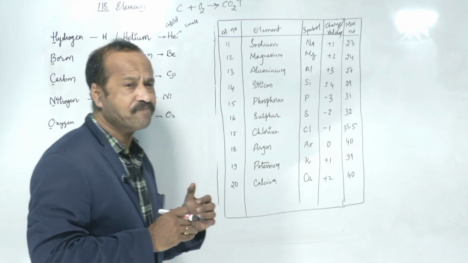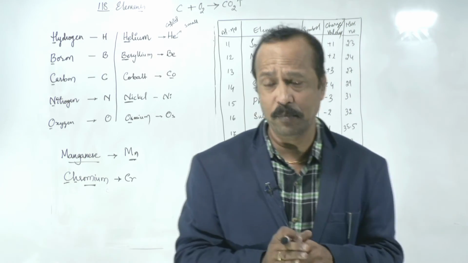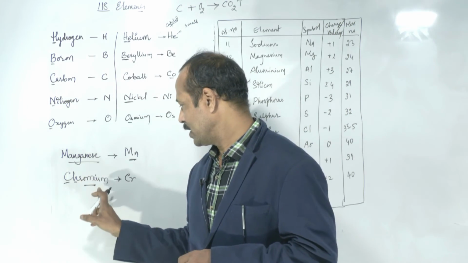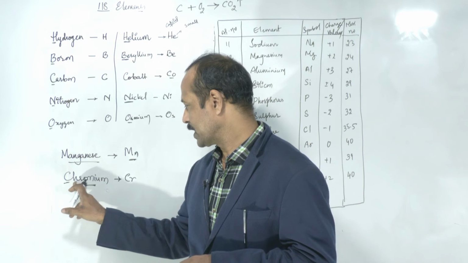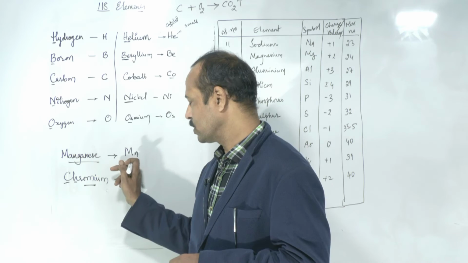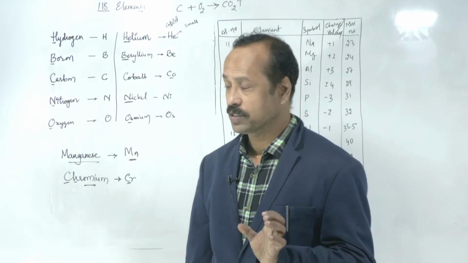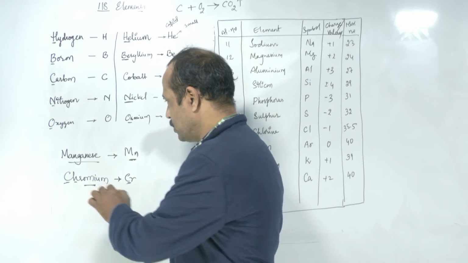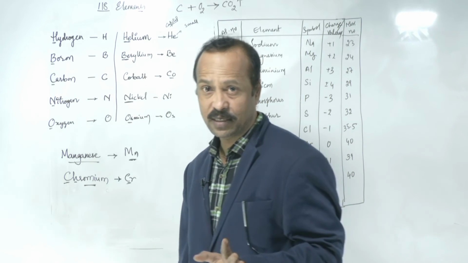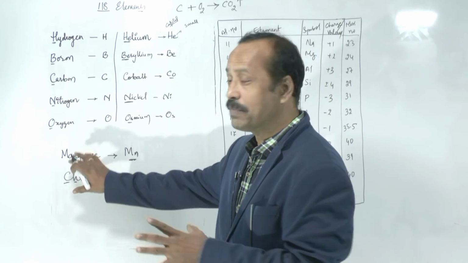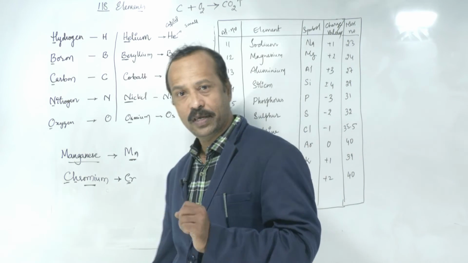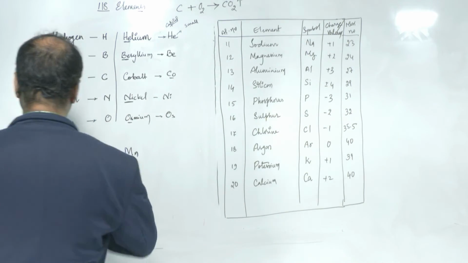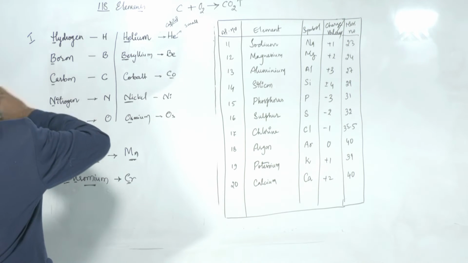Some important letter. So in chromium, instead of taking Ch, they have taken Cr. This also you have to remember. Sometimes if there are two letters, they may not be the first two letters. The first letter and some other prominent letter is taken. You have to remember that, right? So this is the first method of giving the symbols.